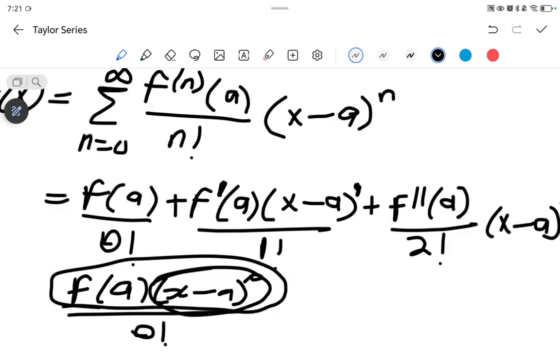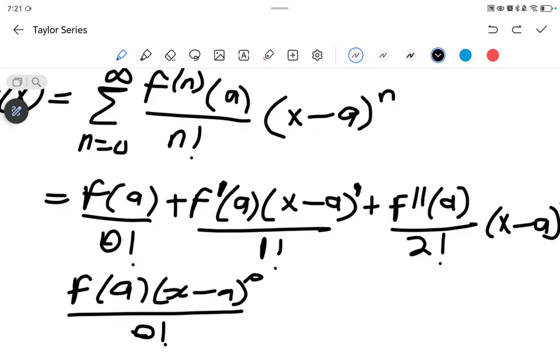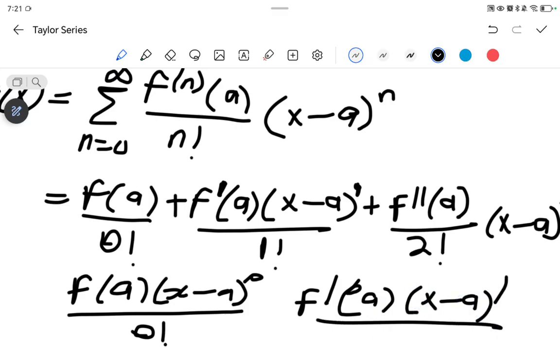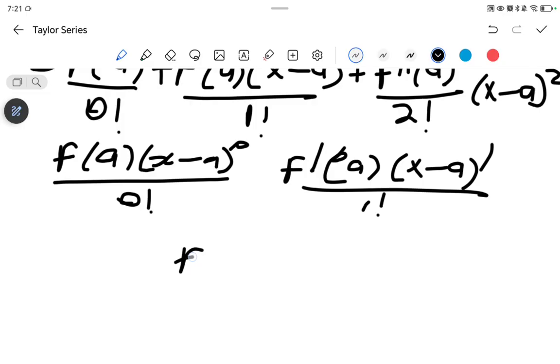And then when we come to f1, x minus a over 1 factorial, we come to f2.